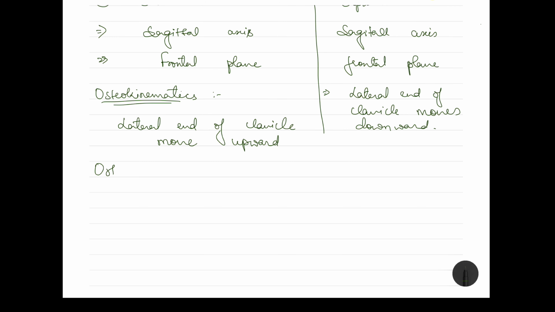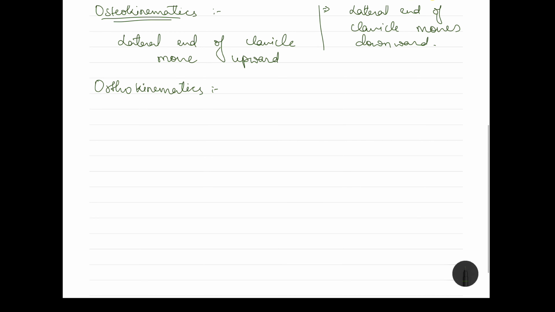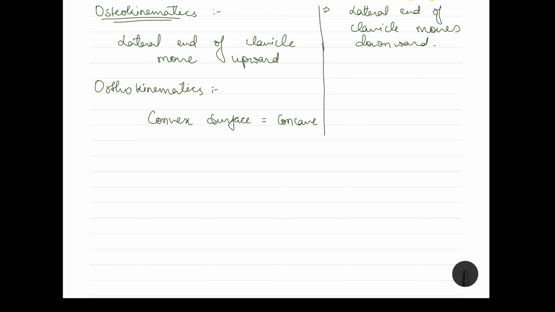Now let's talk about the arthrokinematics. Here in elevation, the convex surface glides or slides over the concave surface, and the same in the depression movement. So in both movements, the convex surface slides over the concave surface.